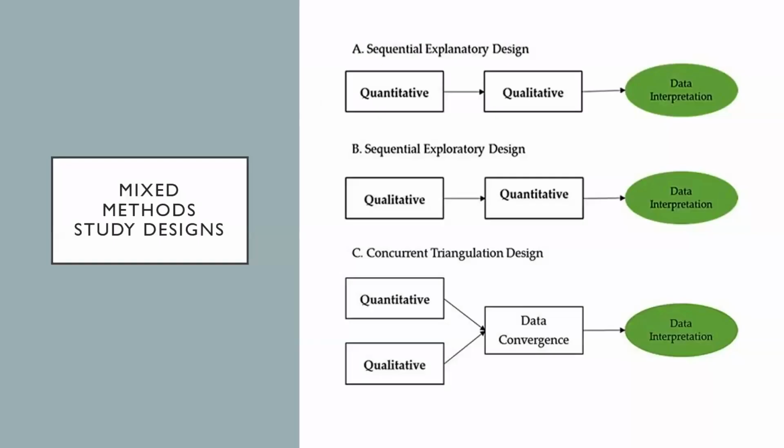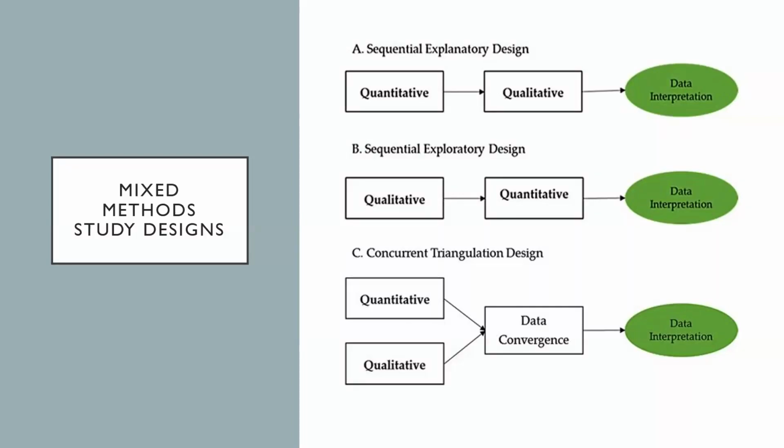Moving on to mixed methodologies, there are three primary tools that we kind of call on. First is the sequential explanatory design, where you start by collecting quantitative data and then follow up with qualitative data to further analyze your findings and get a deeper understanding of your quantitative findings.